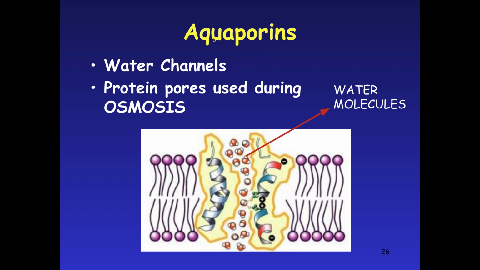Again, there's that word aqua, which means water, and porin. A pore is like a little hole. So it's a little hole or channel for water to move through, these aquaporins. They're protein pores that are used during osmosis, okay? Because we've got the protein here on either side, it kind of blocks out the effect of these hydrophobic fatty acid tails.